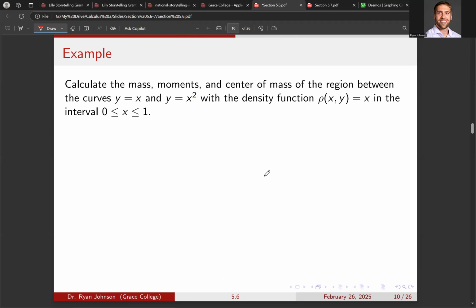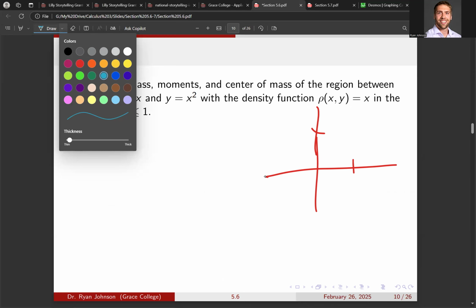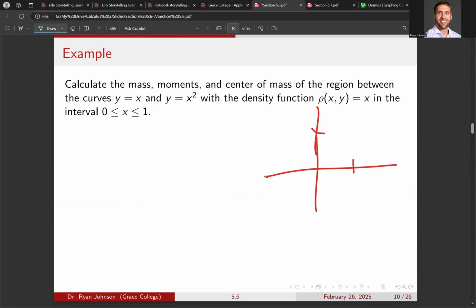The region you should have drawn looks like that. Okay.